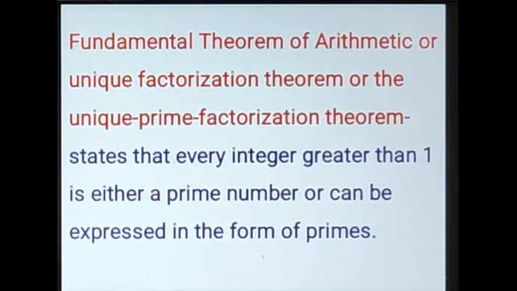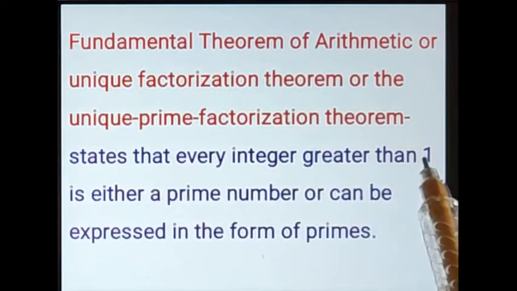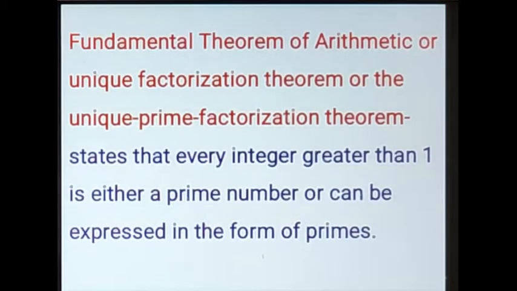So we can convert a number which is not prime into primes. This is nothing but the fundamental theorem of arithmetic. Once again I am repeating, it states that every integer greater than 1, say 4, is not a prime number, but it can be expressed in the form of primes.